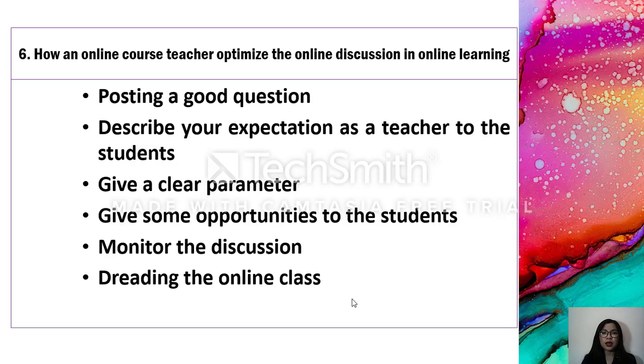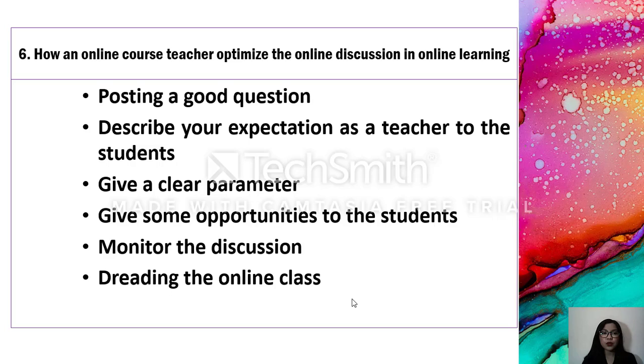Sometimes a discussion, both in offline learning and in this case online learning, does not work as well as the teacher expected. So in order to optimize it, teachers should do some things. The first is posting a good question on the online learning platform so the students can understand the question.